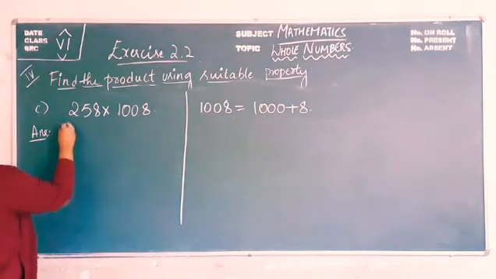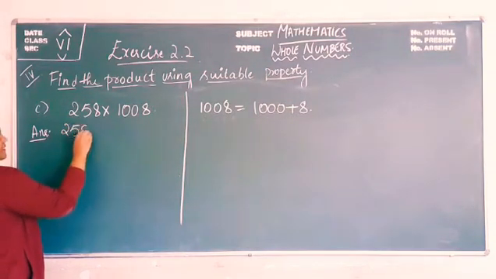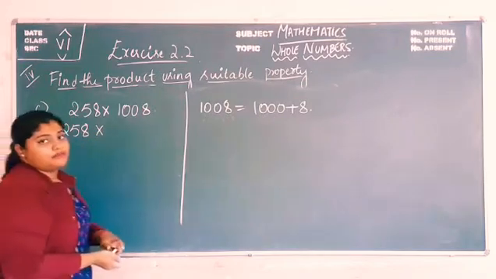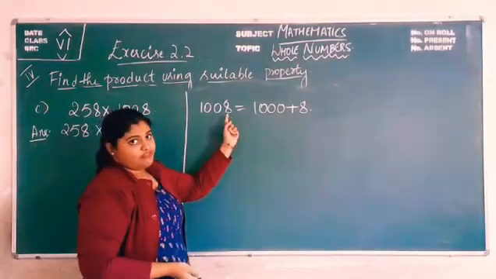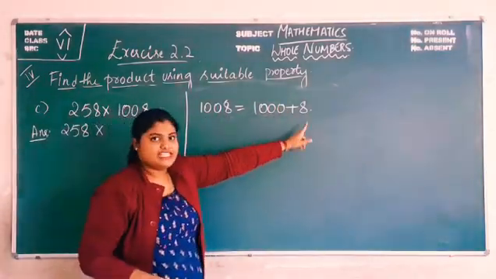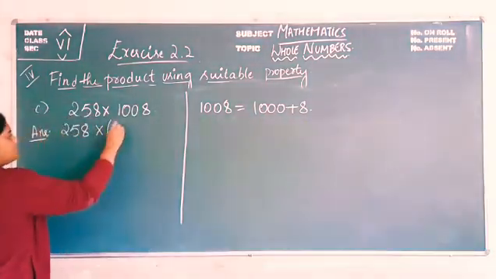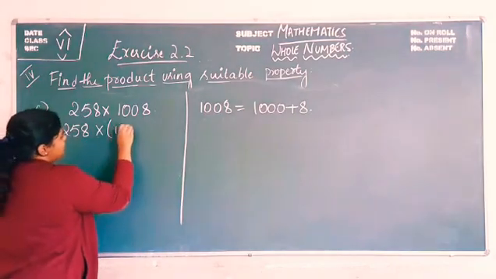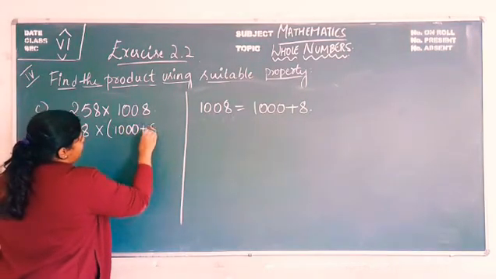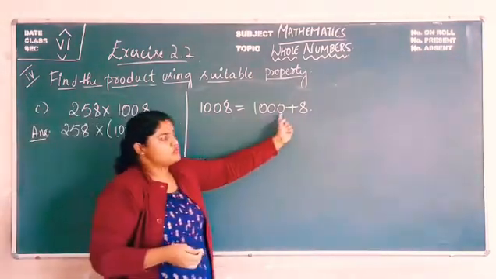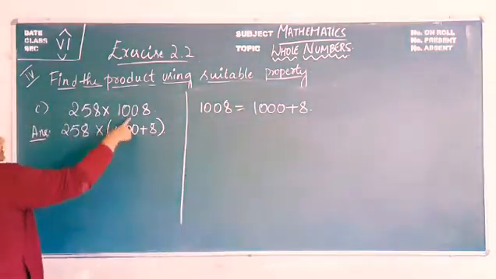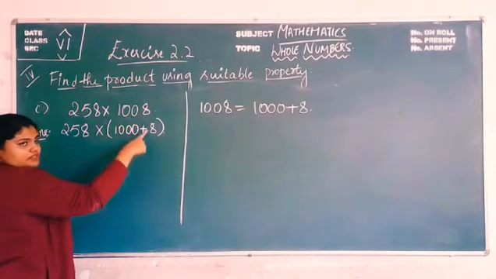So 258 will be written as it is, then we have the into sign, then in the place of 1008 we write 1000 plus 8.